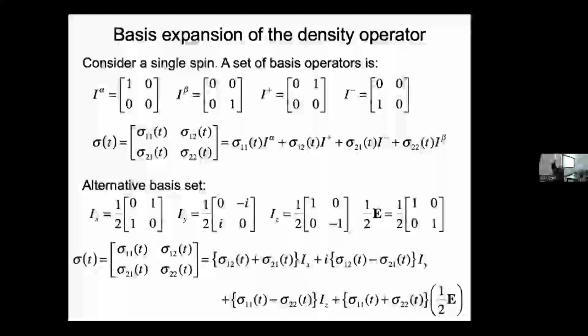How many basis functions are there for a single spin? Obviously, 4. And if we have 2 spins, we have a 4x4 matrix, so there's 16 basis functions. Once we know how they evolve into each other, we're done, because we only have to work out the rules.